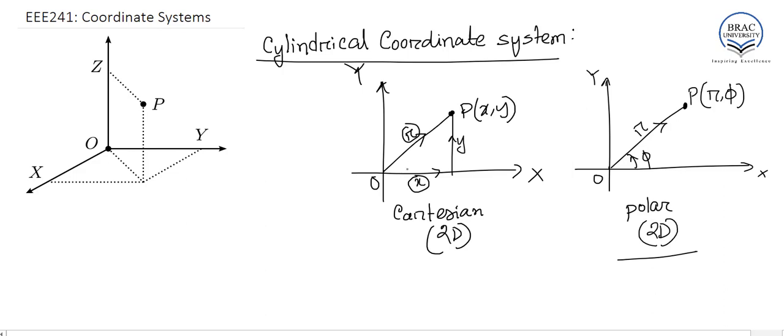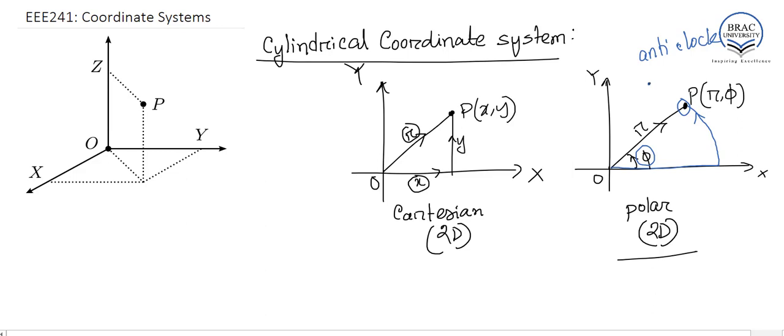So the convention is starting the rotation from the OX position. So let's say the radial line is along the X direction first, and then you rotate the radial line towards the anti-clockwise direction by an angle of phi to get to the P point, right?